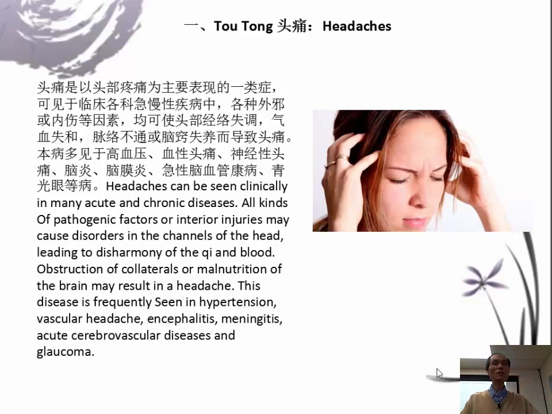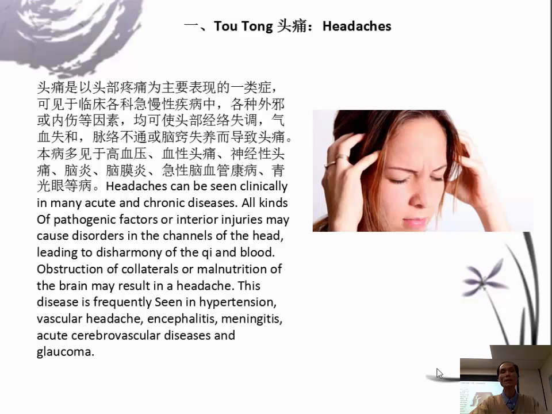Okay, and there are 2 types of symptoms we're going to deal with. One is the exterior symptom, the other is internal injury. Those 2 types of problems will also cause disorder of the channels and collaterals inside our head. As I mentioned before, any illness is caused by the disorder of qi and blood, and also the disorder of the channels and collaterals.